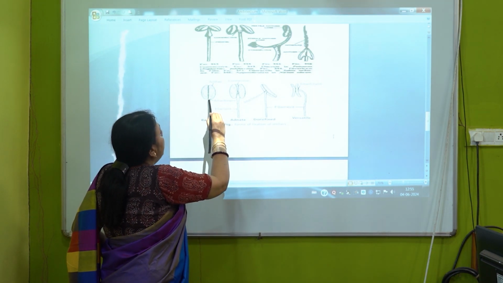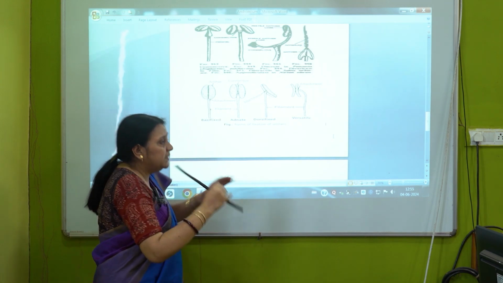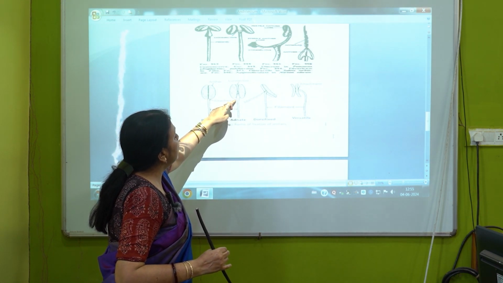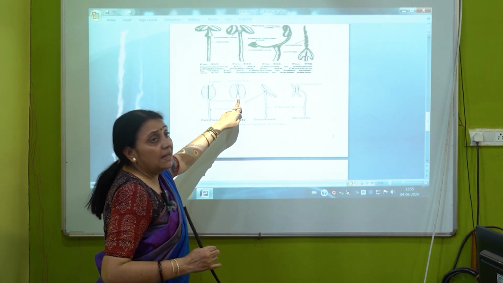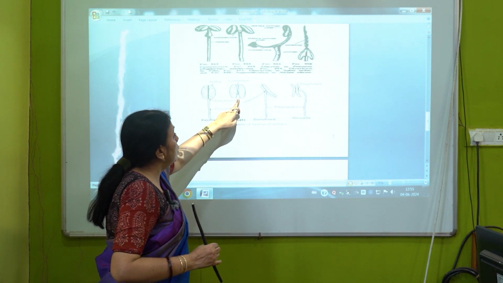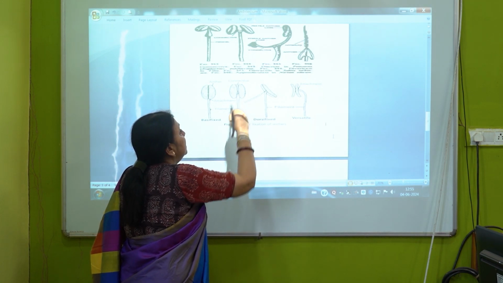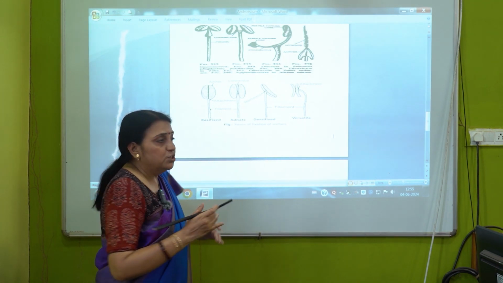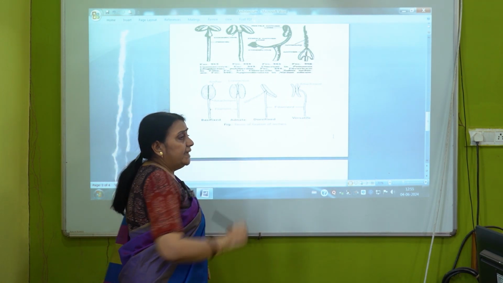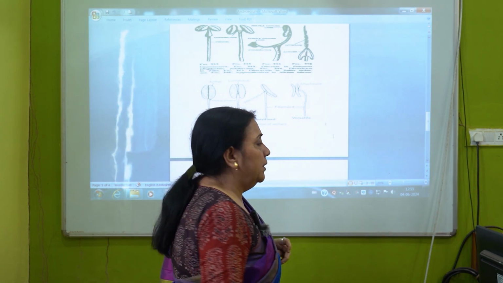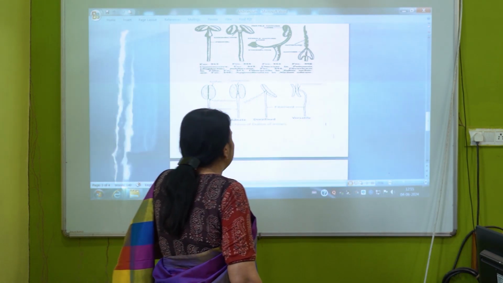In the basifixed, filaments are attached only at the basal portion of the anther, but in the adnate, filaments are attached not only at the basal portion of the anther, but also go throughout the whole length of the anther lobes. It is a characteristic feature of the aquatic family Nymphaeaceae.